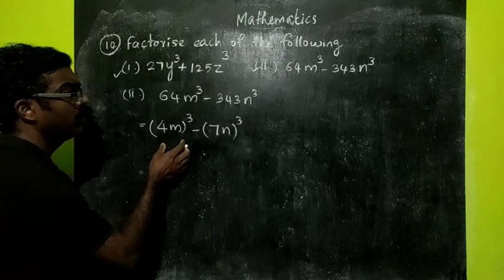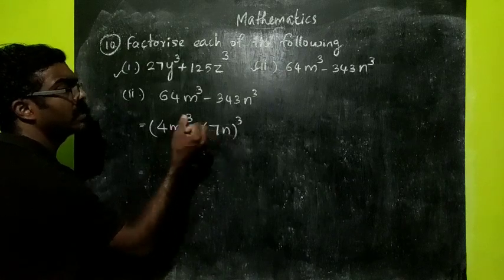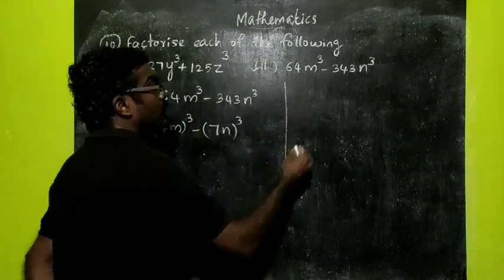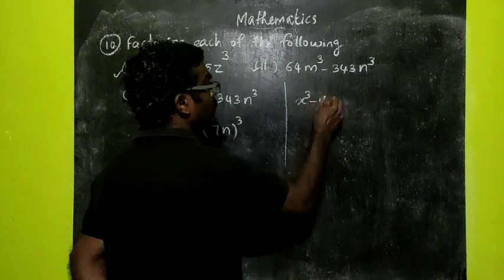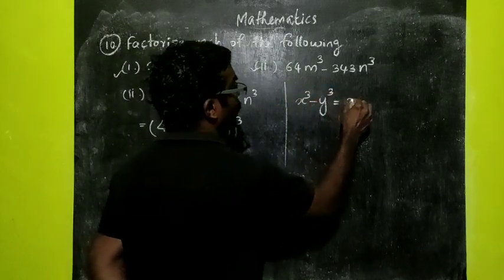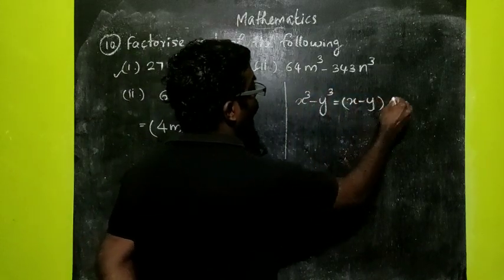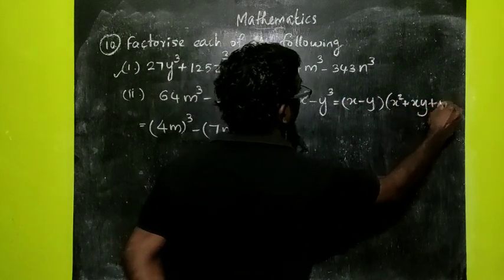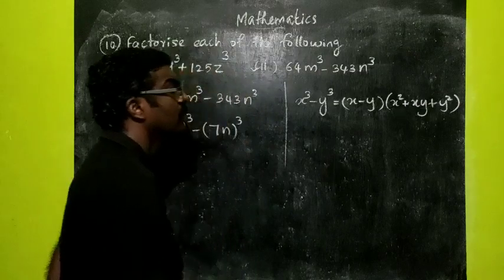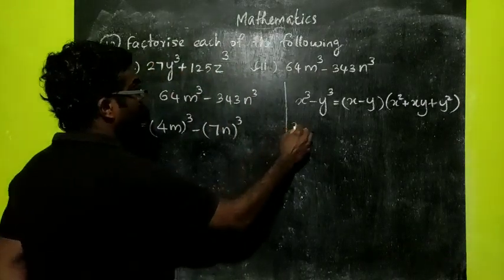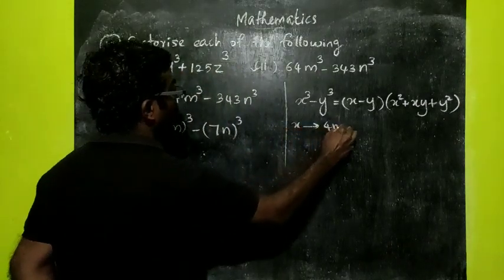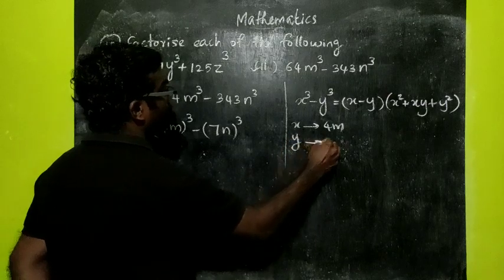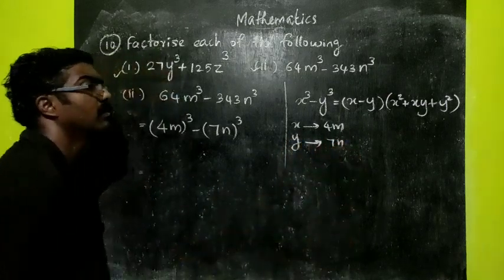Now it is of the form x cube minus y cube. x cube minus y cube is equal to x minus y into x square plus xy plus y square. Instead of x, the term is 4m, and in the place of y, the term is 7n.